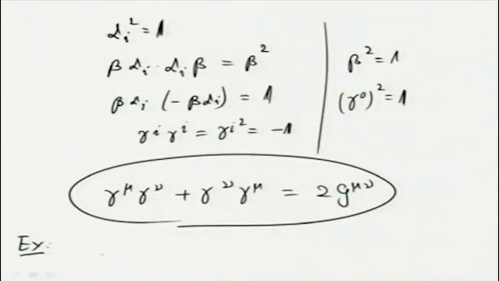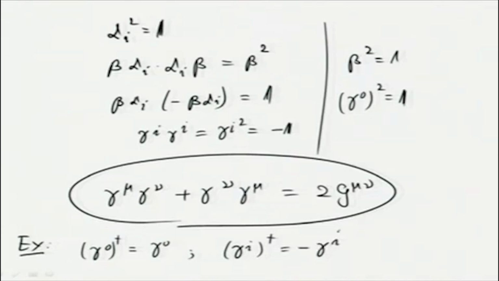There is one exercise that I would like you to do. So, what I will write as the exercise here, you just show that gamma 0 dagger is equal to gamma 0, which is obvious because it is beta itself, but more importantly gamma i dagger is equal to minus gamma i.